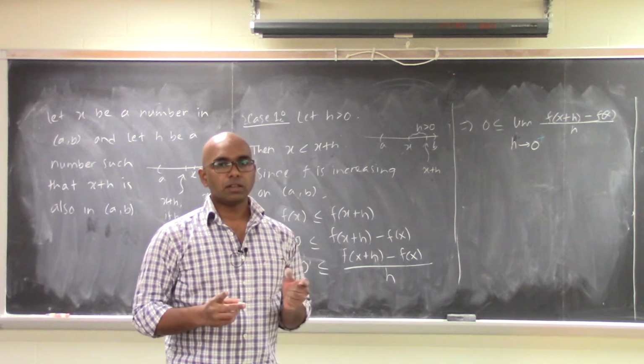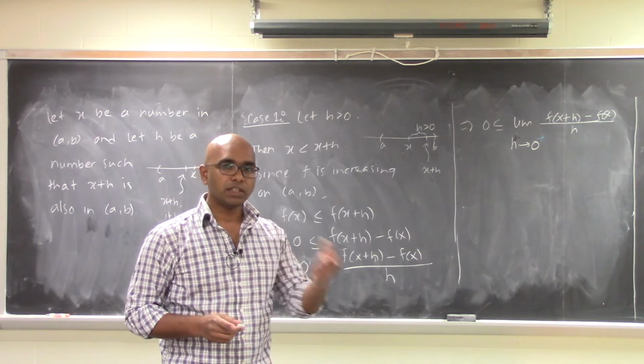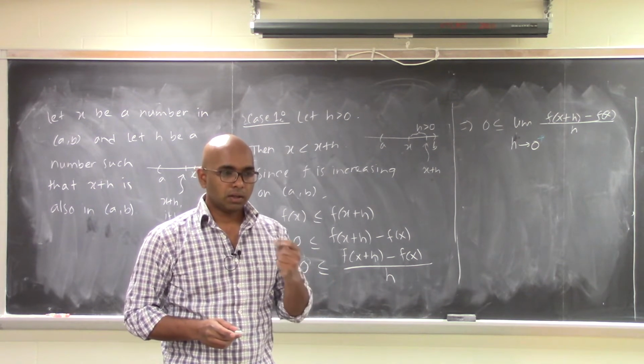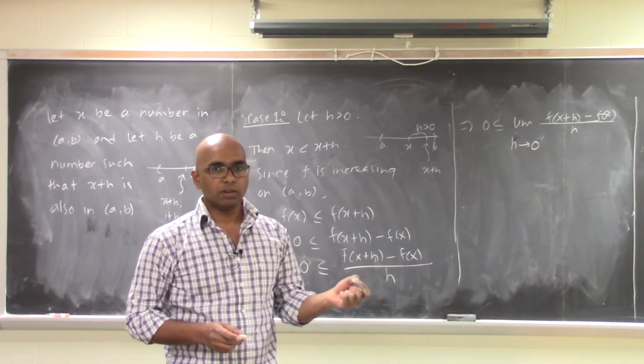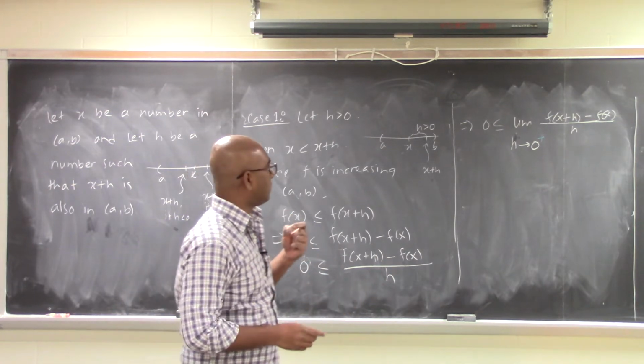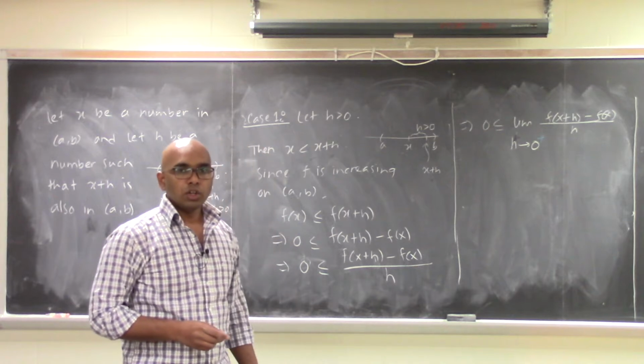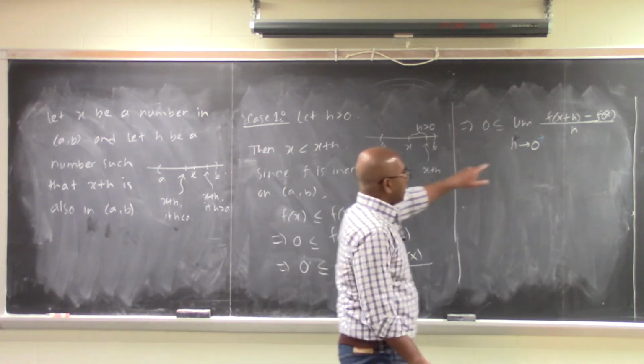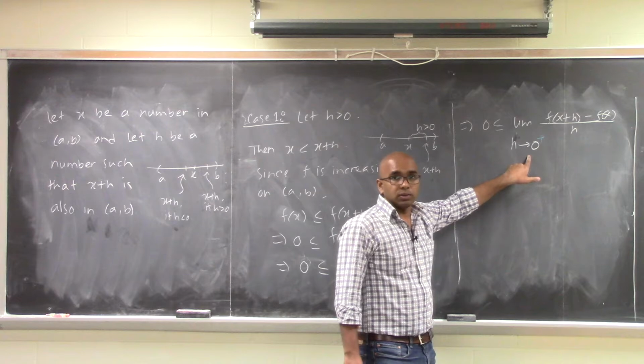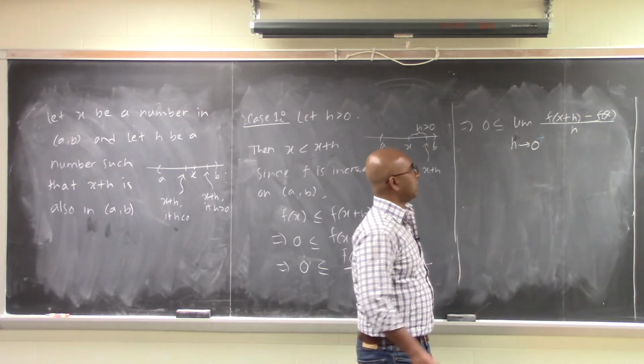Alright, now if you read the statement carefully, what did it mention at the very first sentence? It mentioned that our function f is differentiable at every point on that interval a to b, right? So it is also differentiable at x. So this limit actually exists, and it is equal to f prime of x, right?